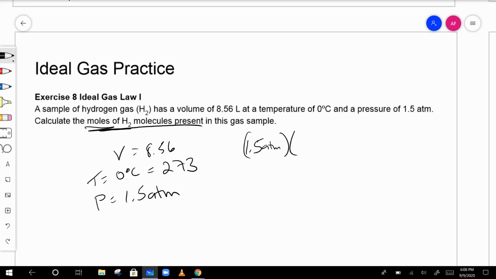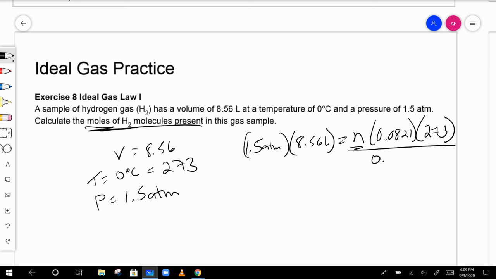You don't have to write the units when you're writing out the work here. Volume is 8.56 liters. n is what we're trying to find. R is 0.0821. And T is 273. So we've got to solve for n. So divide everything by the 0.0821 and 273.